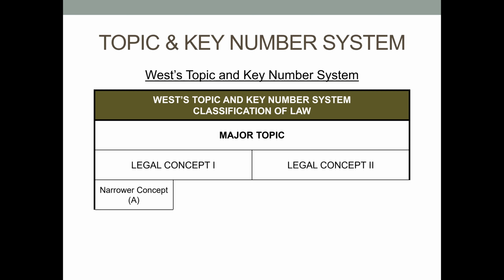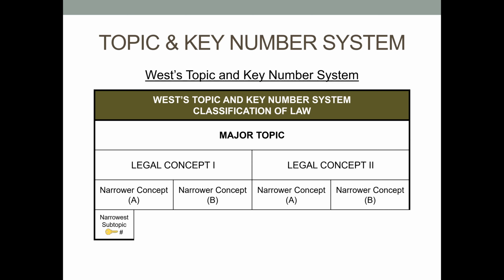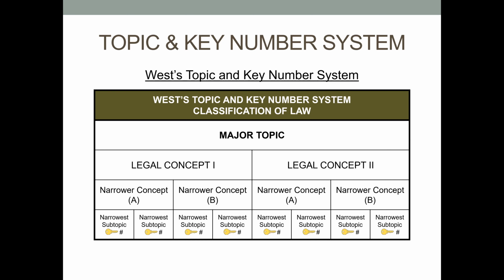Each of those legal concepts was further subdivided into narrower legal concepts. And finally, the narrowest subdivision of all is that each of the narrower concepts was subdivided into subtopics. It's these tiny subtopics that receive and are assigned a key number.